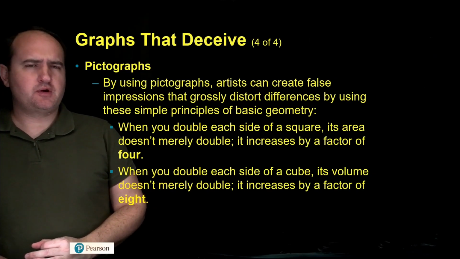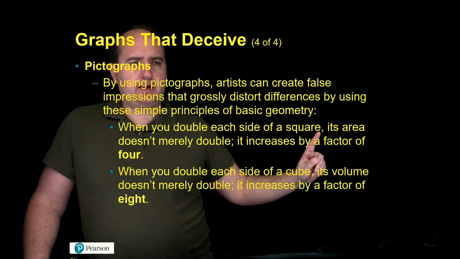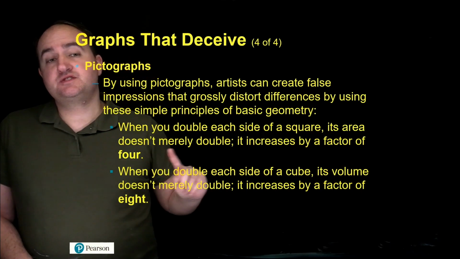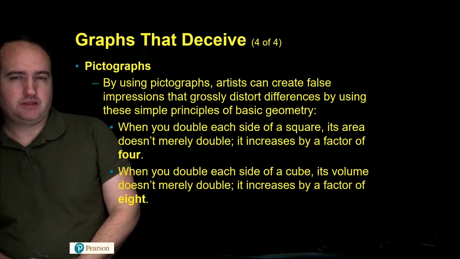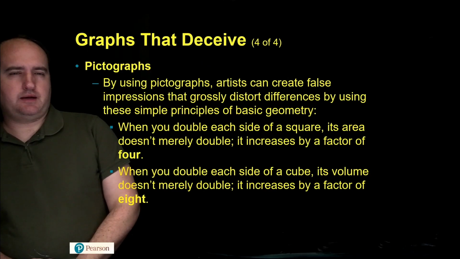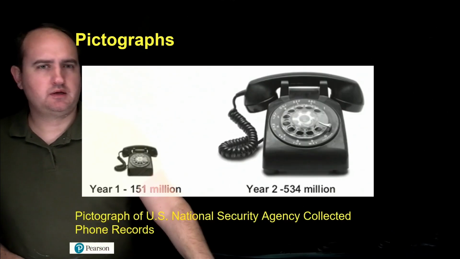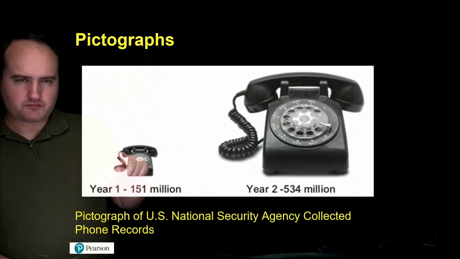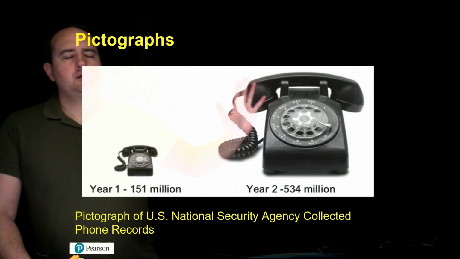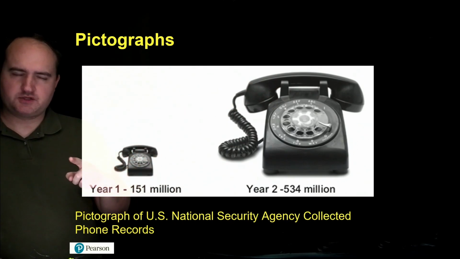Okay, so in particular, if you double the side of a square, its area doesn't double. It actually increases by a factor of 4. So that's interesting. So if you have a pictograph such as this one here, each of these pictures, even though it looks like a 3D picture, these are 2D pictures, two-dimensional.